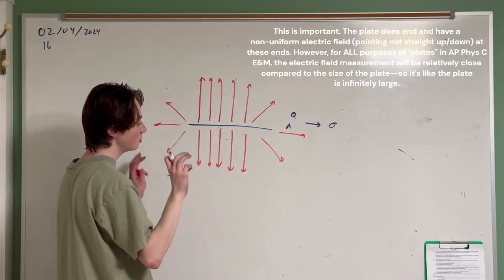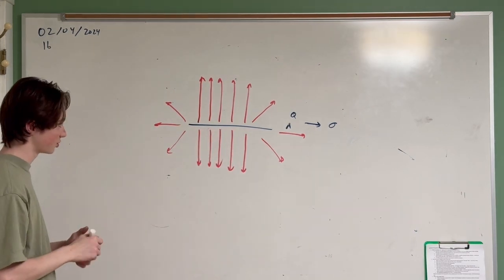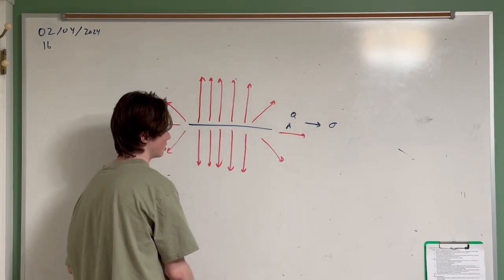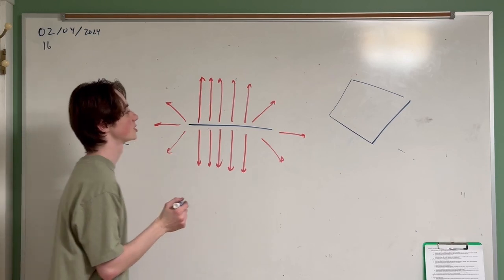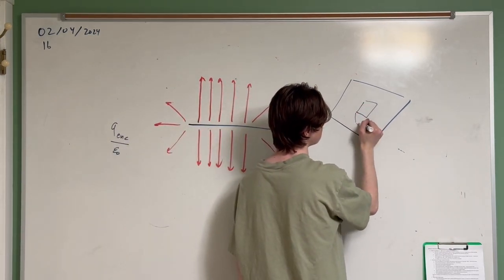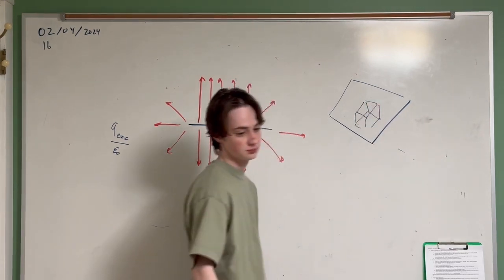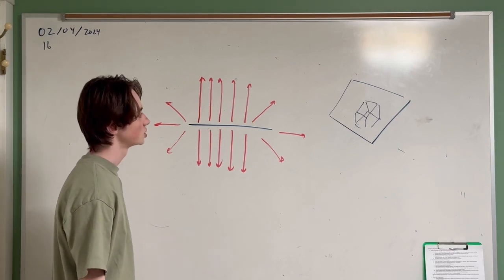So assuming we have an infinitely large plate here, we're going to measure the electric field it gives off with a Gaussian surface. The Gaussian surface we're going to use is a cube. So the cube is now going to be piercing through this plate. Sorry for the change.